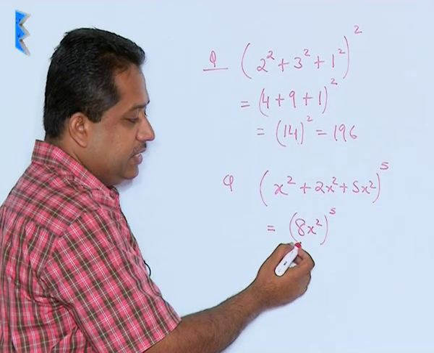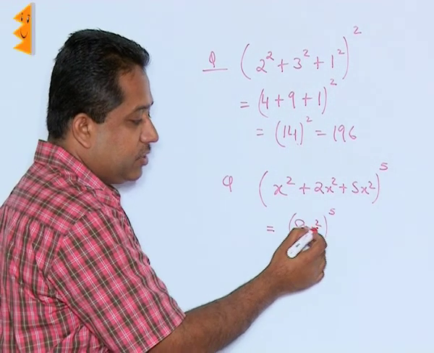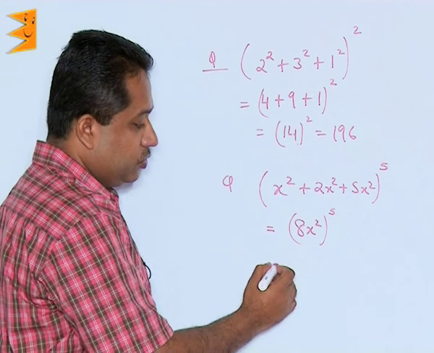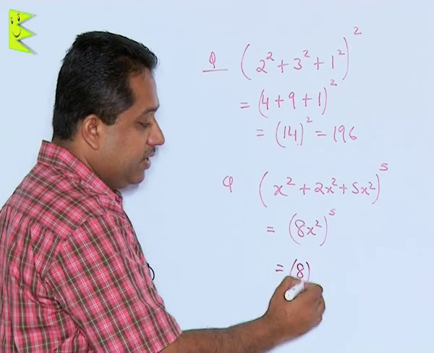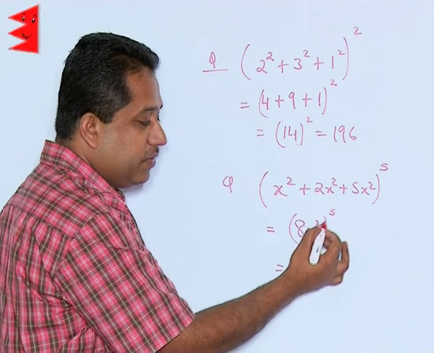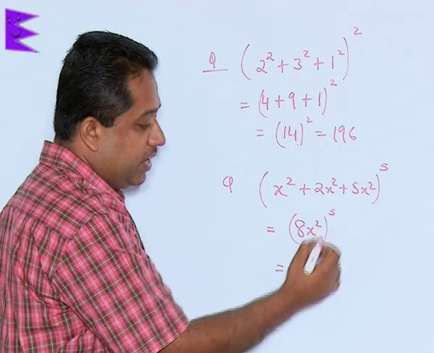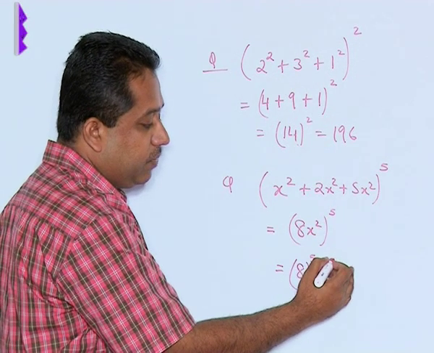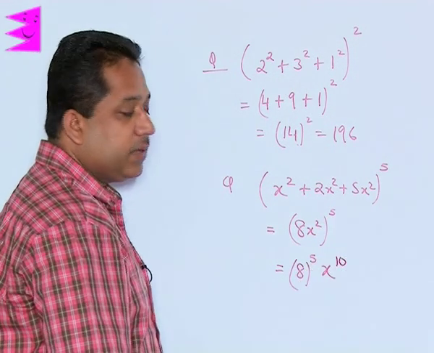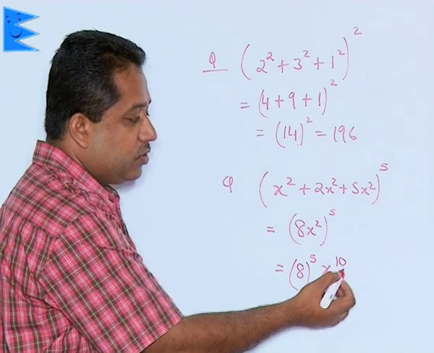So this implies that 8 is also to the power of 5 and x square is also to the power of 5. So this can be simplified as 8 raised to the power 5, and here remember that the powers are going to be multiplied. So the power here is 2 and the power here is 5. When we multiply, we are going to get x raised to the power 10. So we get 8 raised to the power 5 and x raised to the power of 10.